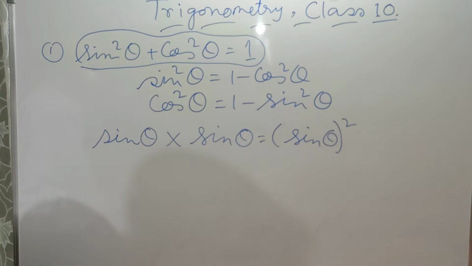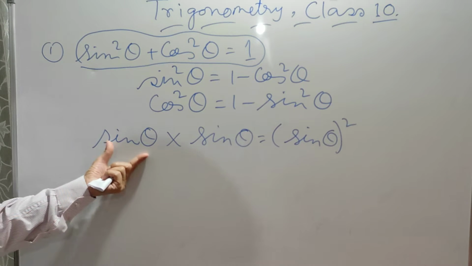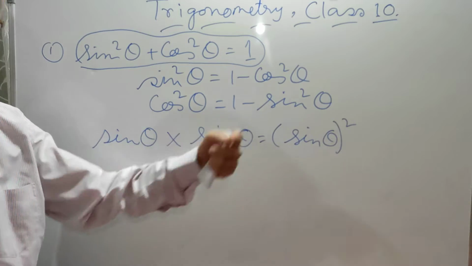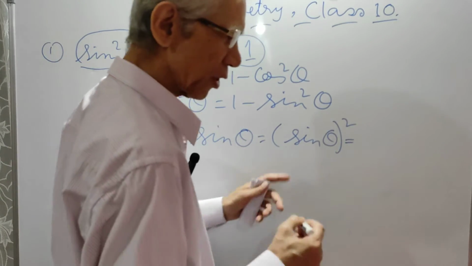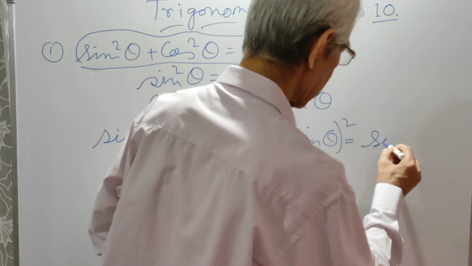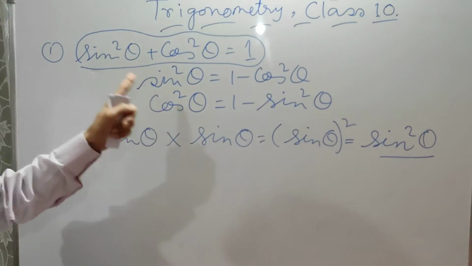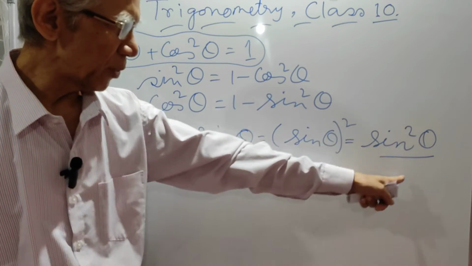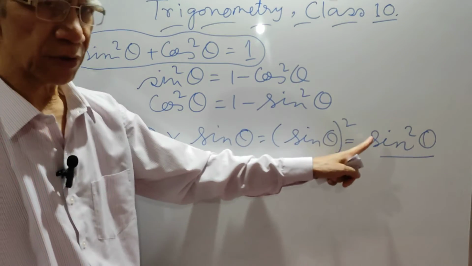X square. What is a plus b into a plus b? A plus b whole square. So sin theta into sin theta is sin theta whole square. Sin theta whole square has been shortened for convenience in writing as sin square theta. So sin square theta means sin theta into sin theta, or you can say sin theta whole square.